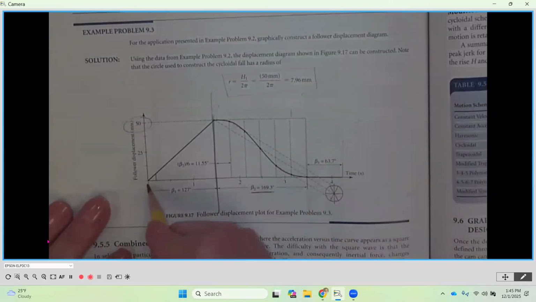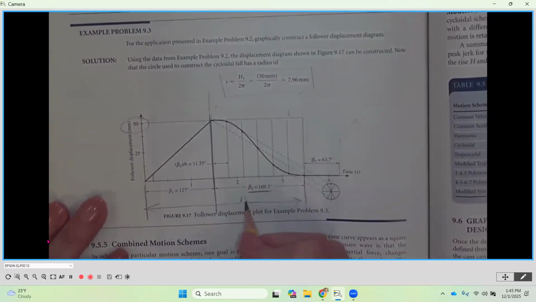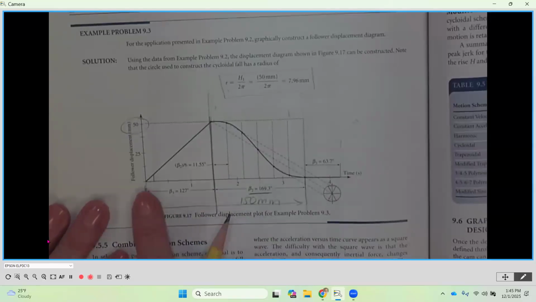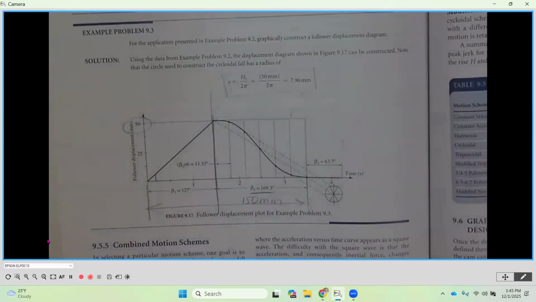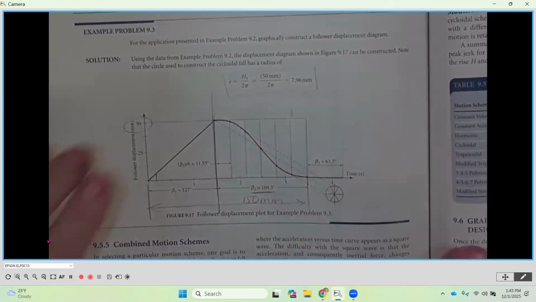So if this is 50 millimeters, do you see how this overall length is 150 millimeters, right? 3 times. So you would make that proportionally, the length is 3 times the height. That way, again, you don't get too long or too short, right? So that's going to be 150 millimeters.